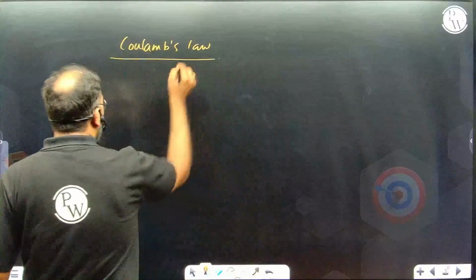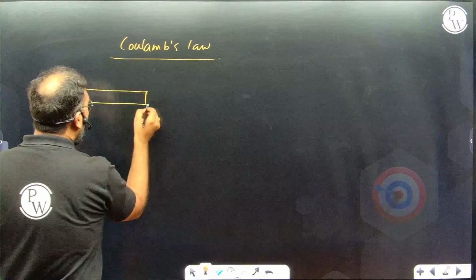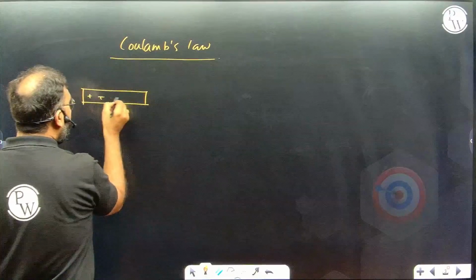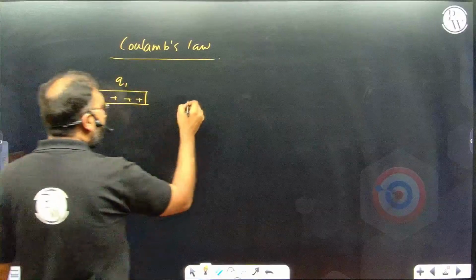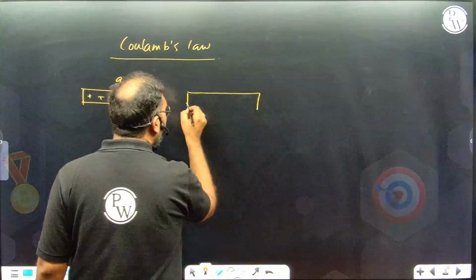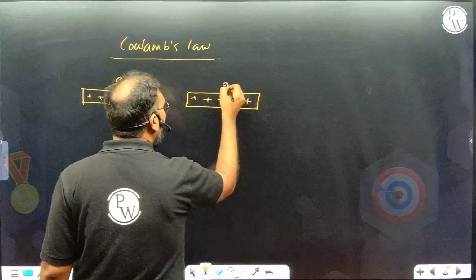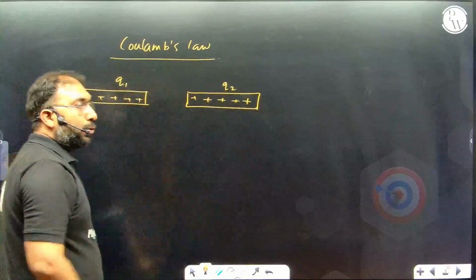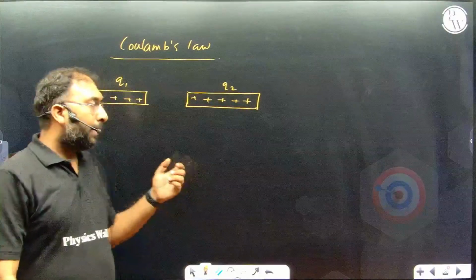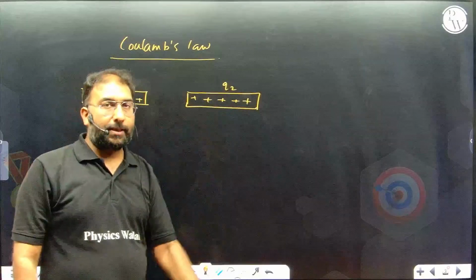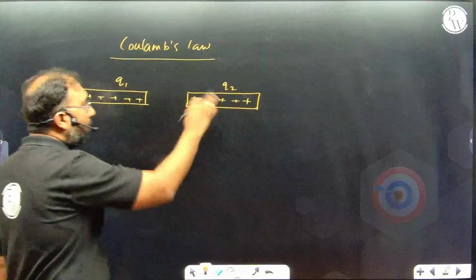Let's say I'm having one charge here which is distributed along this rod. Let's say this is one charge body and it is having charge Q1, and I'm having another charge body which is having some charge Q2, okay? So I'm having these two charge bodies which are having charge Q1 and Q2, and you can see that these are not the point charges, okay? Since these are not point charges, I cannot directly apply the Coulomb's law in this condition.